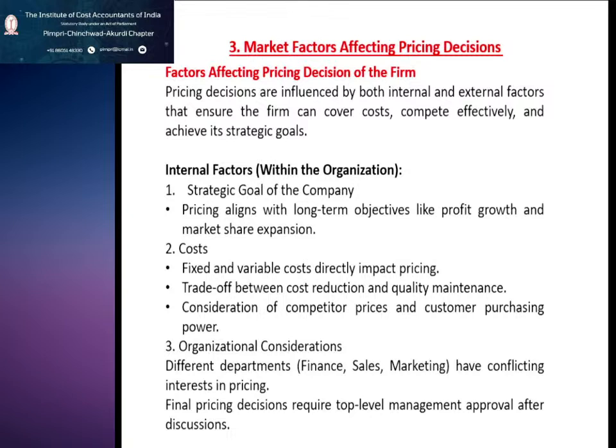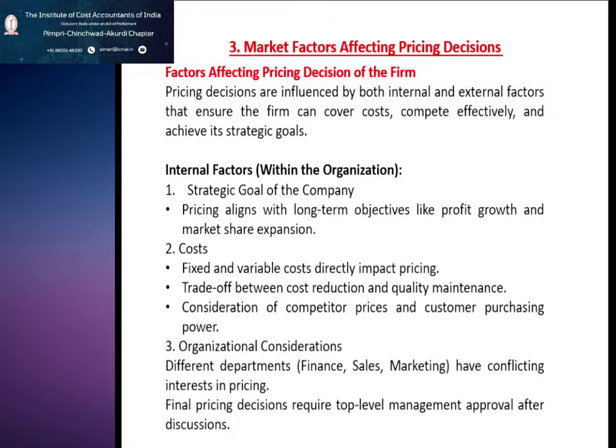Then we saw the factors affecting pricing decisions, which were categorized between internal and external. Internal factors are typically within the organization. The three key drivers are the strategic goals of the company, cost, and the organizational considerations.